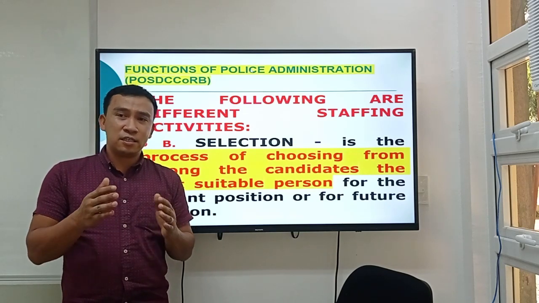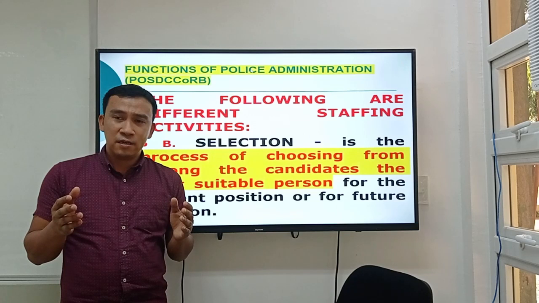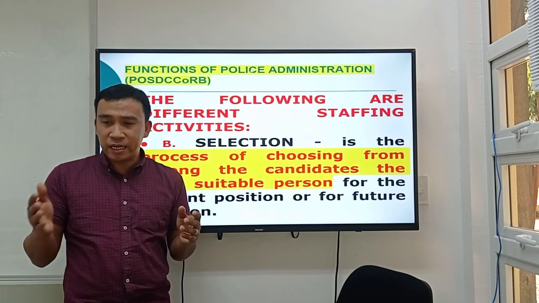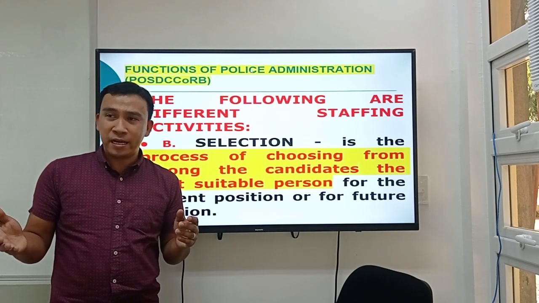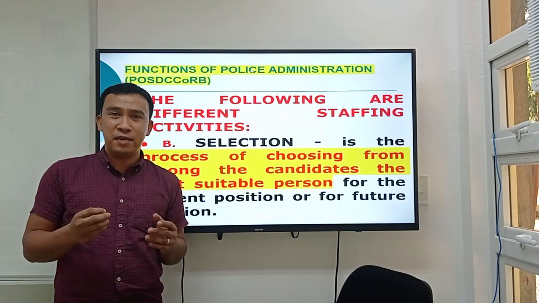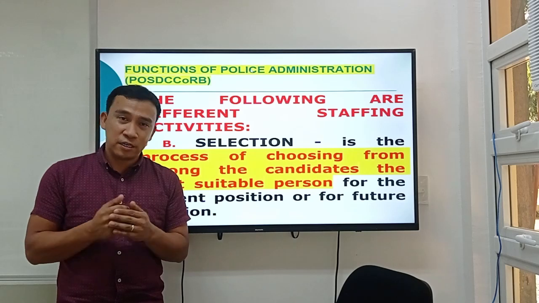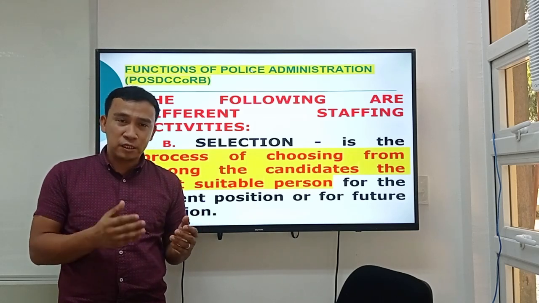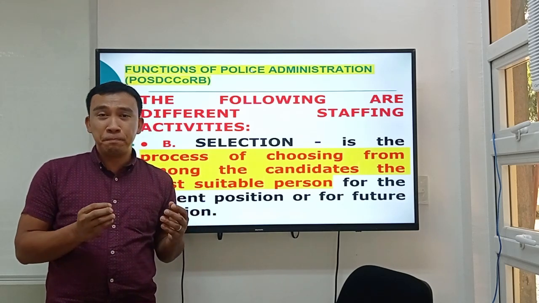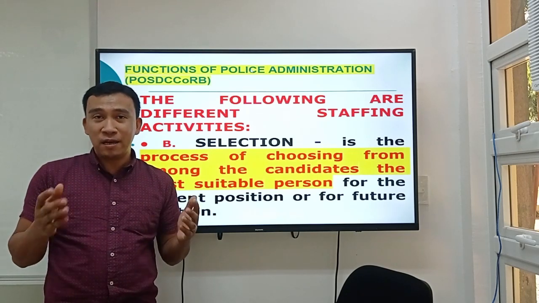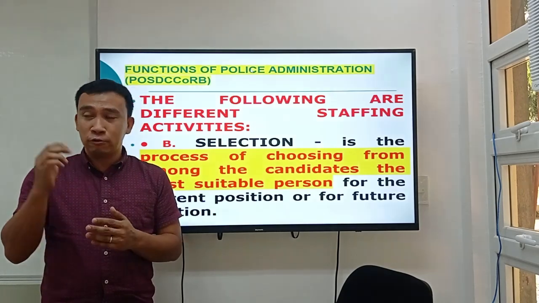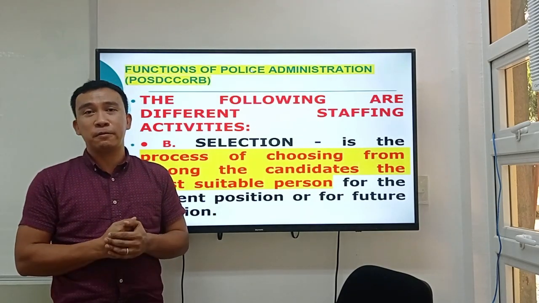Then, there are a lot of tests na gagawin, a series of examination para ma-ensure na yung pipiliin ng police organization ay yung pinaka-the best na aplikante. Yung pinaka-qualified na aplikante. So yung 2,000 na yun, hindi lahat yun kukunin.